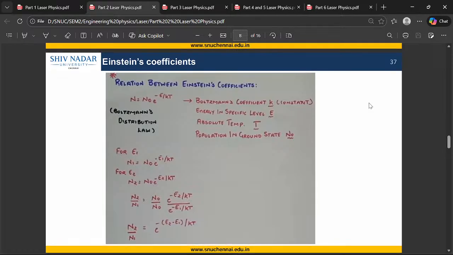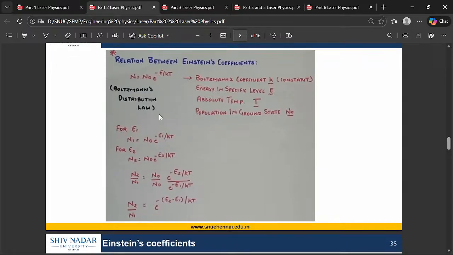Here you can see the Boltzmann distribution law says that the population in the ground state multiplied with e to the power minus E divided by kT, where T is the absolute temperature and E is the energy of that energy level, gives the number of electrons.